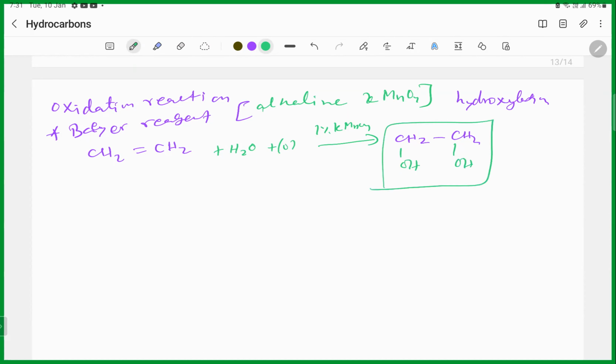This is ethylene glycol. When you take CH3CH=CHCH3, the same thing with 1% KMnO4, you'll get CH3CH(OH)CH(OH)CH3. It gives cis glycol.